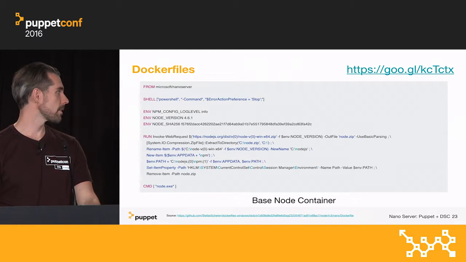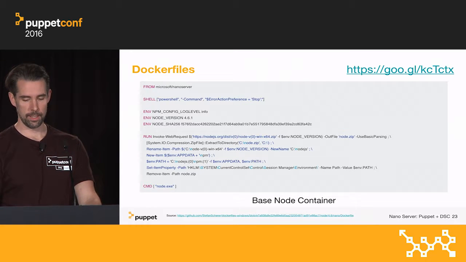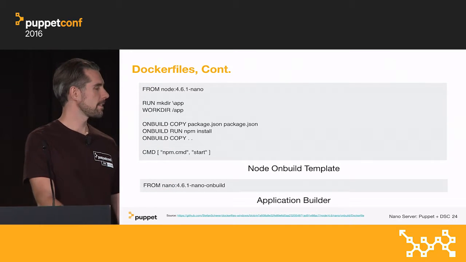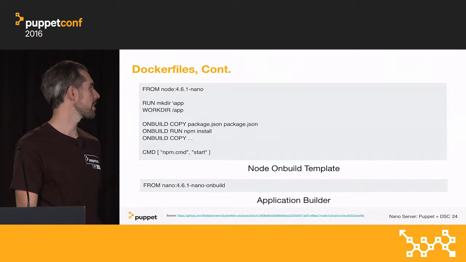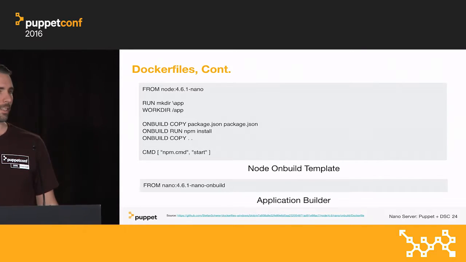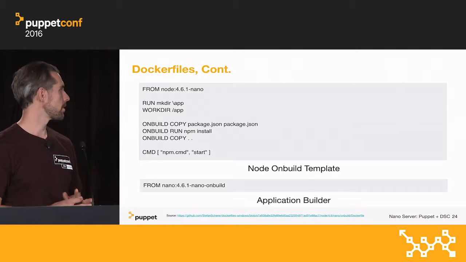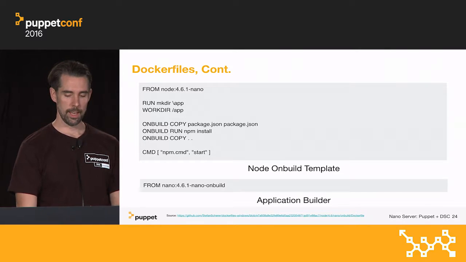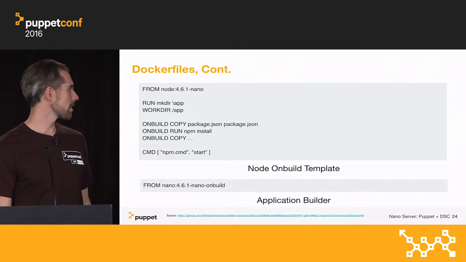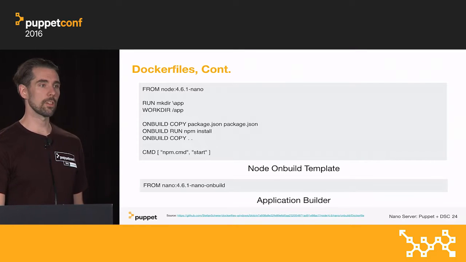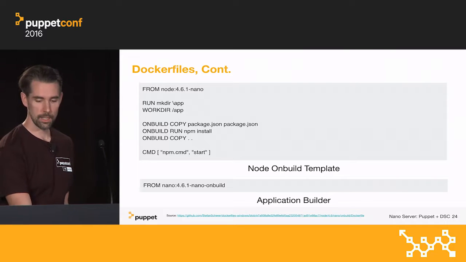It downloads Node, extracts it, and then it has Dockerfiles describing how to piece together an application on top of that. You end up building 3 different images, with the last one executing the onBuild commands and copying your files into place and installing them as a Node server.